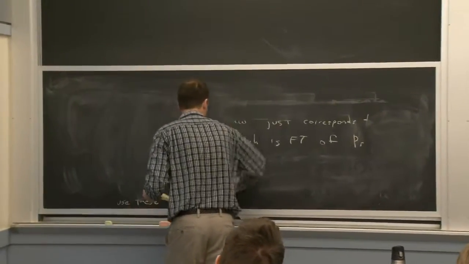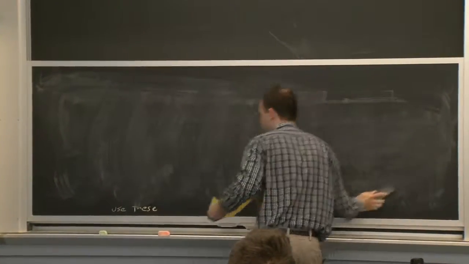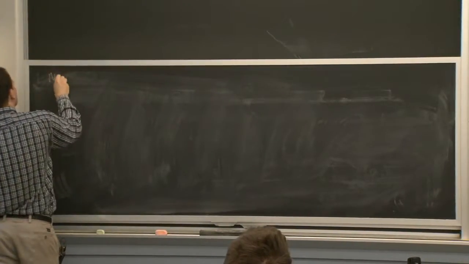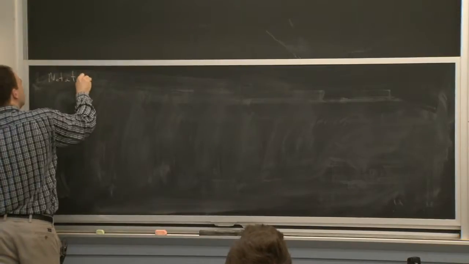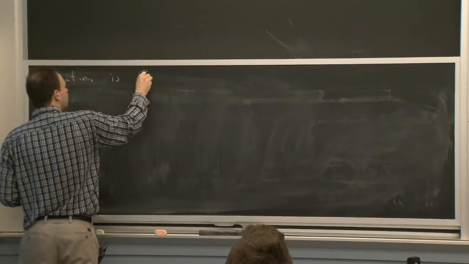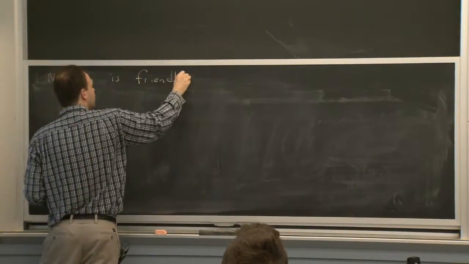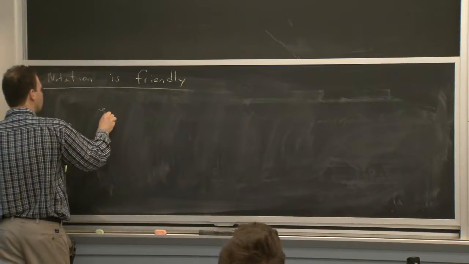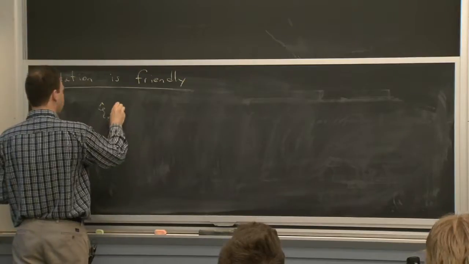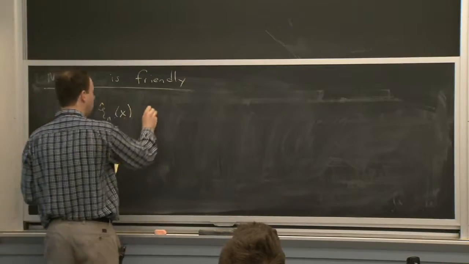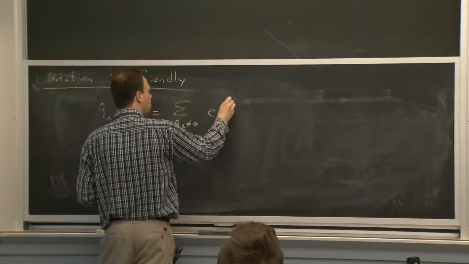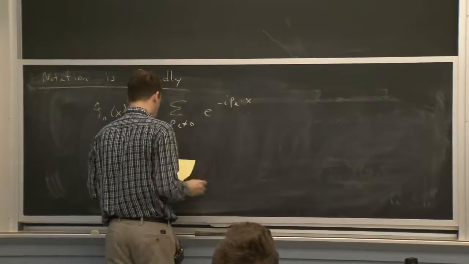OK, so let's see that this notation is actually kind of friendly. So let me try to convince you of that. It looks kind of daunting, but maybe it's not so daunting. So let's look at this guy, which was equal to this.